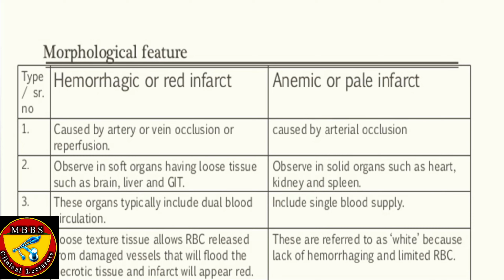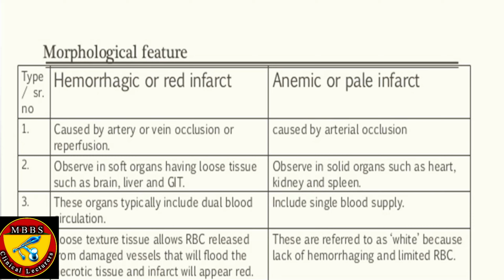Red infarcts are caused by artery or vein occlusion or reperfusion, whereas pale infarcts are caused by arterial occlusion. Red infarcts are observed in soft organs having loose tissue, remember, that is brain, liver and GIT, whereas pale infarcts are usually seen in solid organs, that is heart, kidney and spleen.